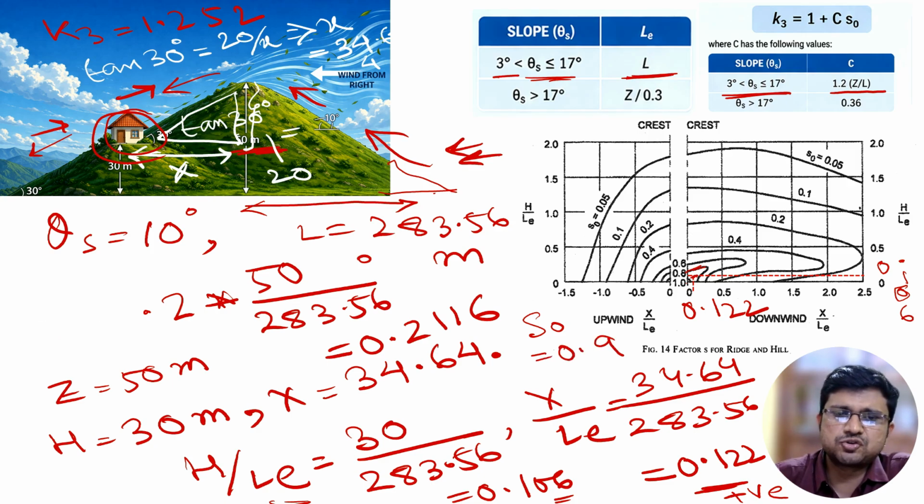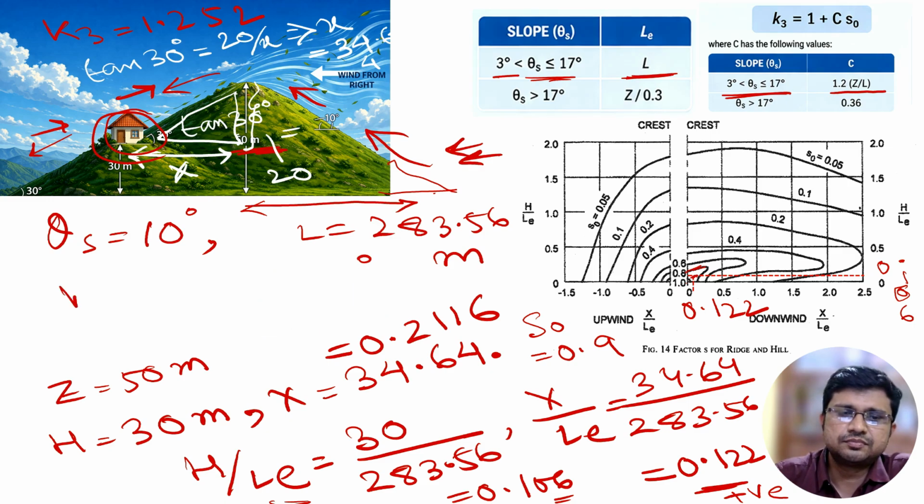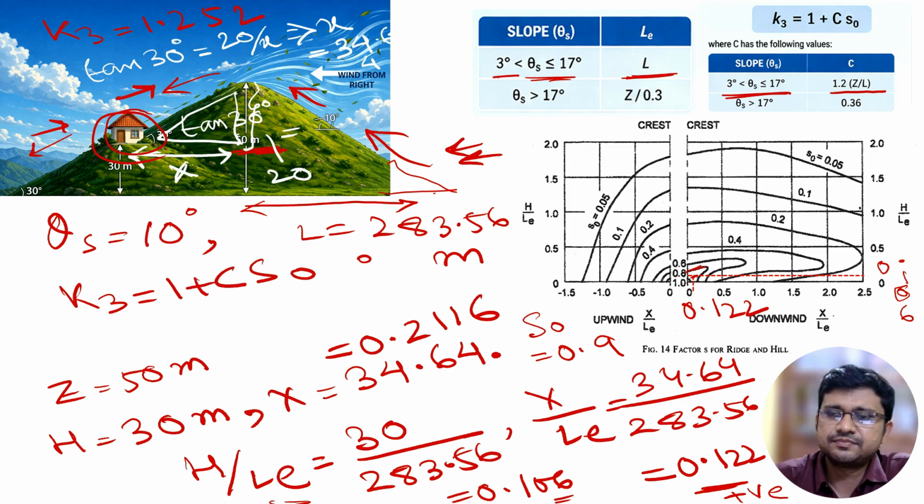So now how much will be K3? K3 will be equal to 1 plus C into S0. So what is C? We have calculated C. C is 0.2116. So it will be 1 plus 0.2116 into S0.